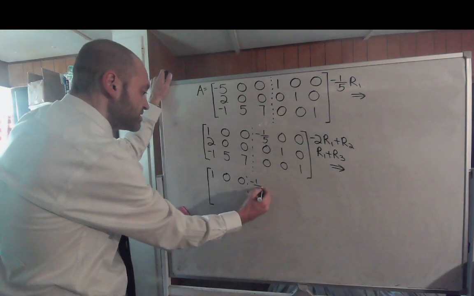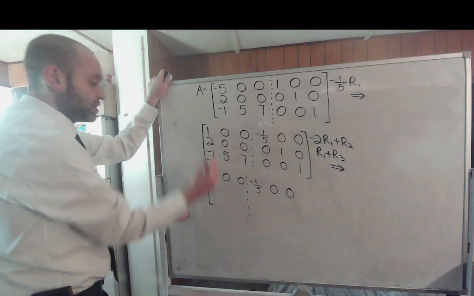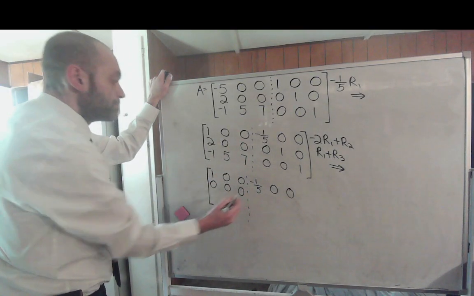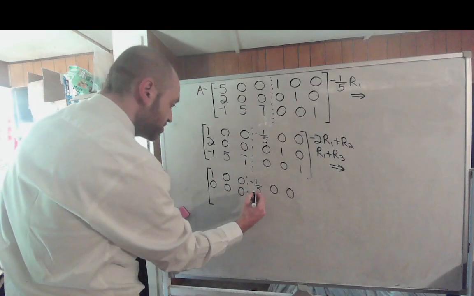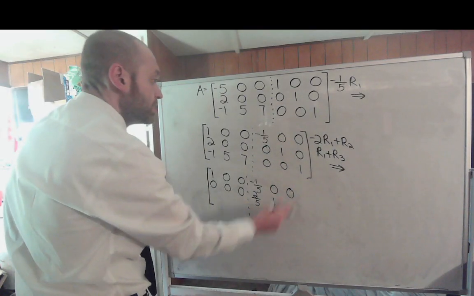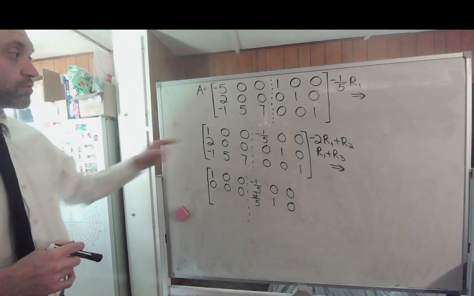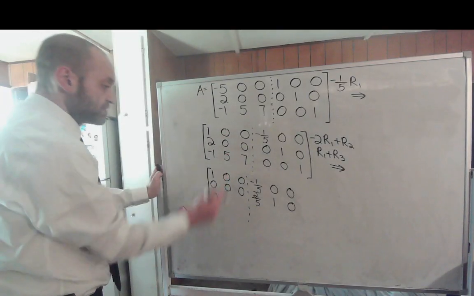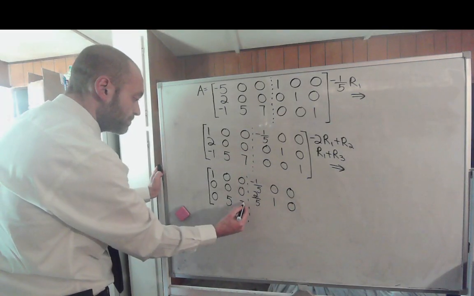Alright, 1, 0, 0, negative 1/5, 0, 0, and then negative 2 plus 2 is 0, 0 plus 0 is 0, 0 plus 0 is 0, but then I'll have 2/5 plus 0 is 2/5, 0 plus 1 is 1, 0 plus 0 is 0. And then if I take row 1, add it to row 3, so 1 minus 1 is 0. 0 plus 5 is going to be 5. 0 plus 7 is 7.